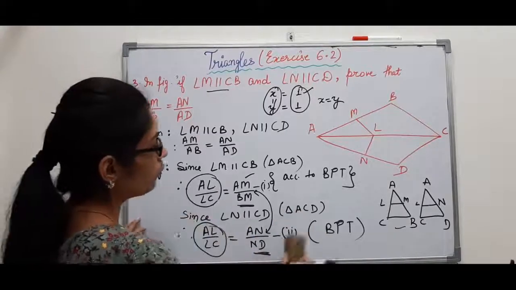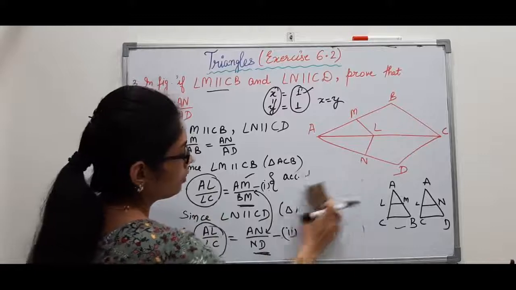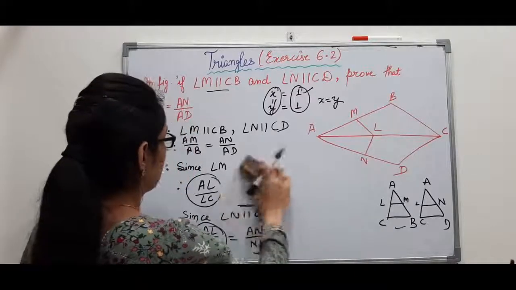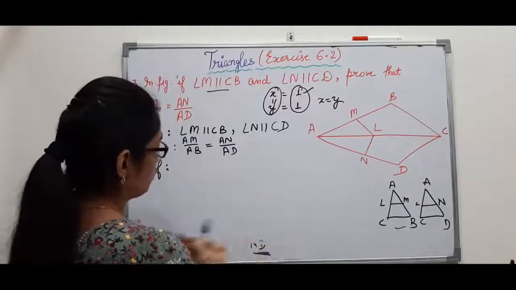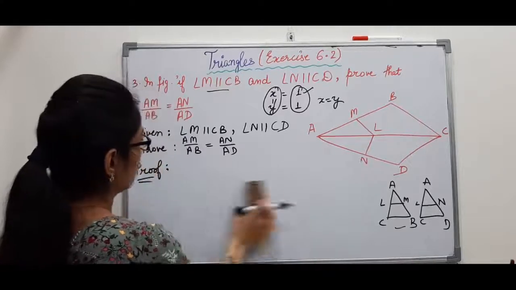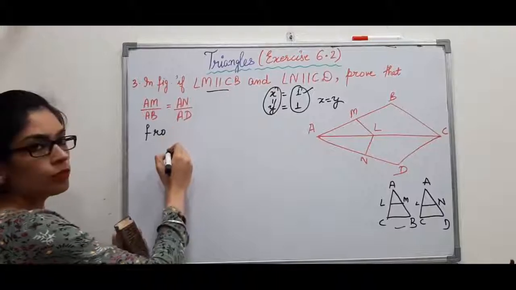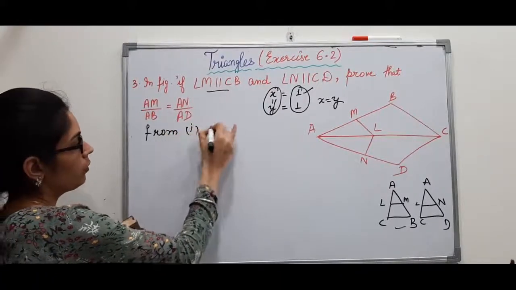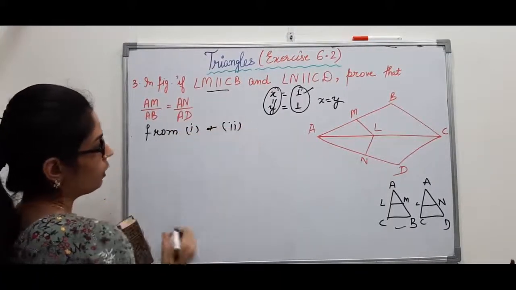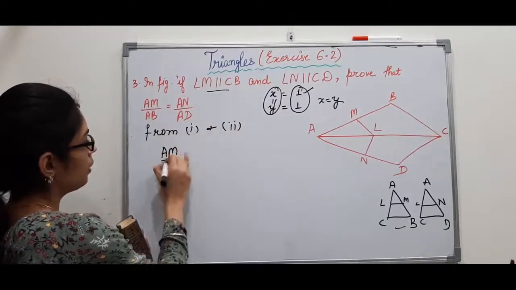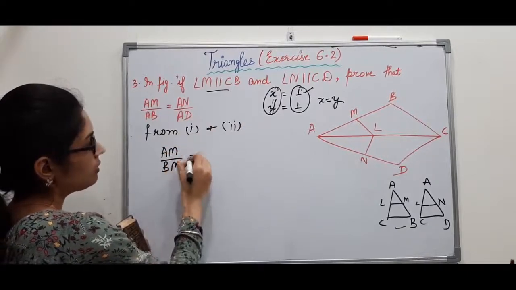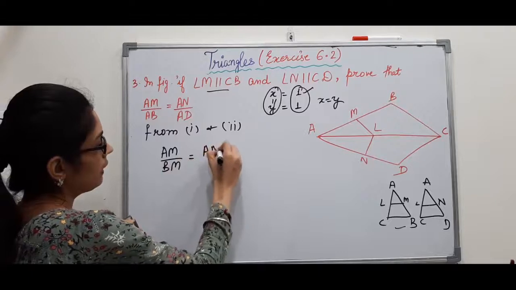So you can write from 1 and 2, what we have got: AM upon BM is equal to AN upon DN.